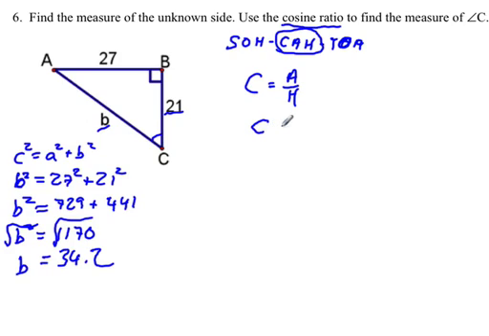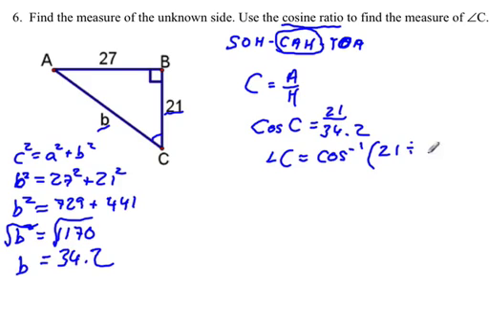And so cosine of C is equal to 21, which is our adjacent side, over 34.2. And angle C then is equal to the inverse cosine of 21 divided by 34.2.